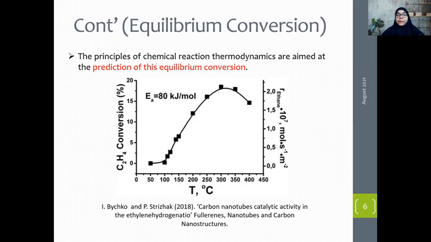So in the principle of chemical reaction thermodynamics, the aim is to predict this equilibrium conversion. How can we obtain the equilibrium conversion? Later, we will move to the Gibbs energy that relates to the equilibrium conversion.